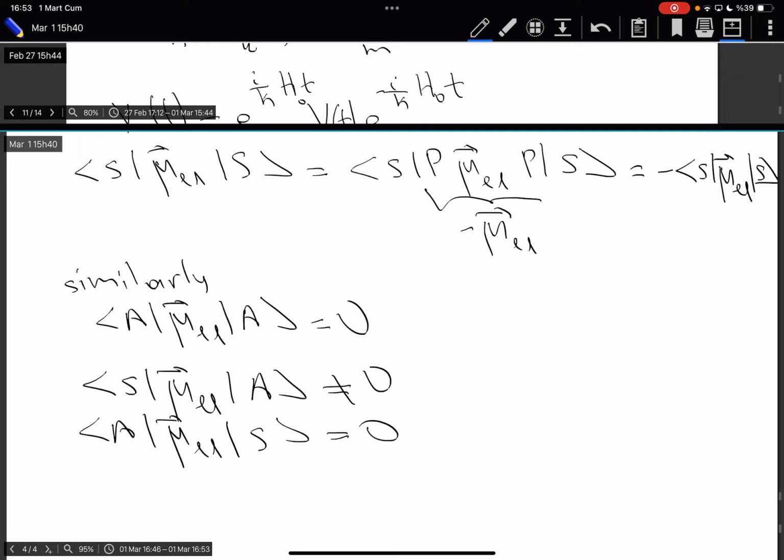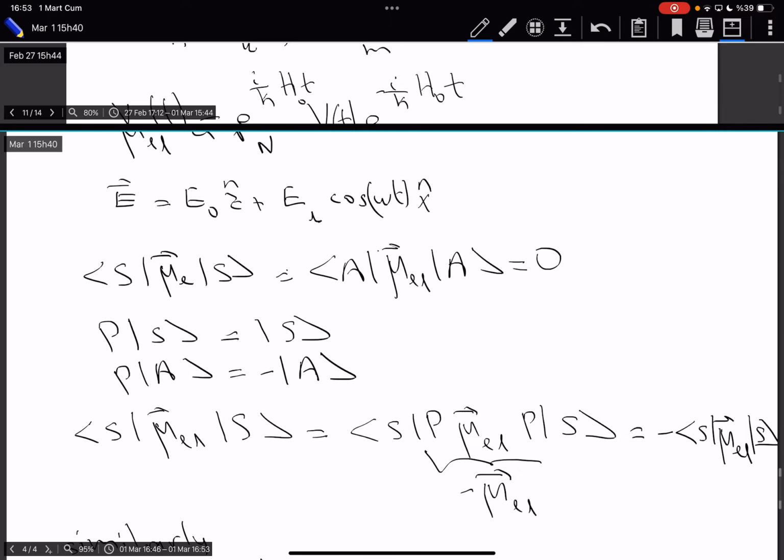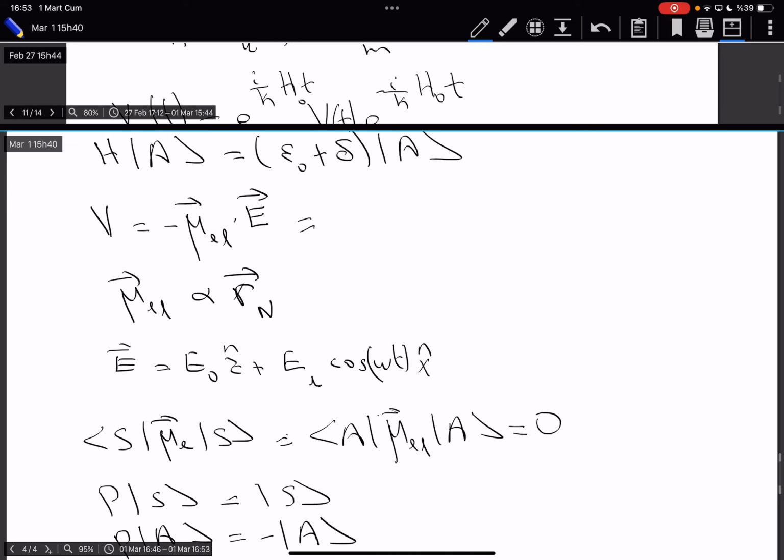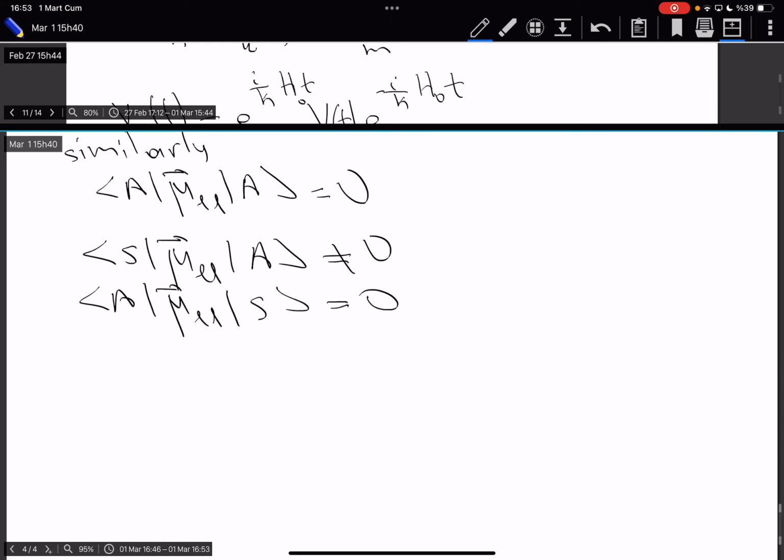We have a two-state system. These two states are degenerate. There is an energy shift between them. And now we have a potential, even a time-dependent potential if you have this as a time-dependent electric field, which couples the symmetrical and anti-symmetrical states.